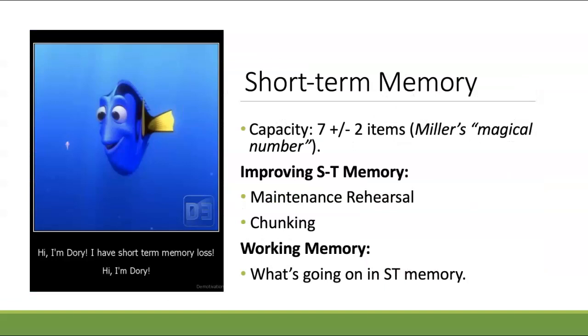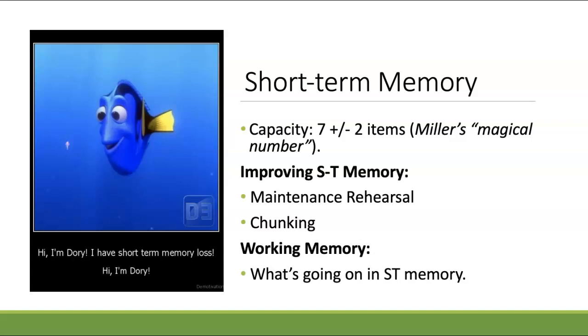So once information has entered our sensory memory, as I mentioned, if it has some kind of meaning or we pay attention to it, it then enters our short-term memory. So as I mentioned before, the duration for short-term memory is only about 20 to 30 seconds. However, there are ways that we can keep information in short-term memory for longer, and one of the main ways is using maintenance rehearsal.